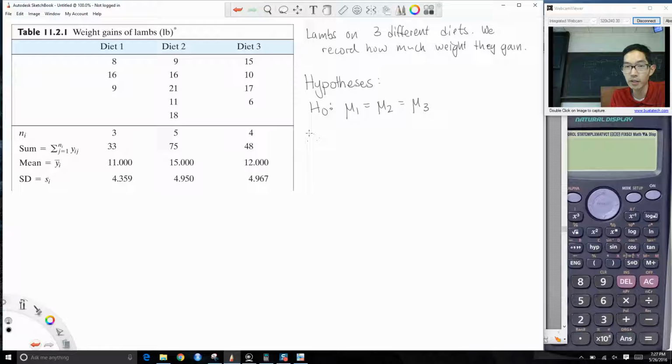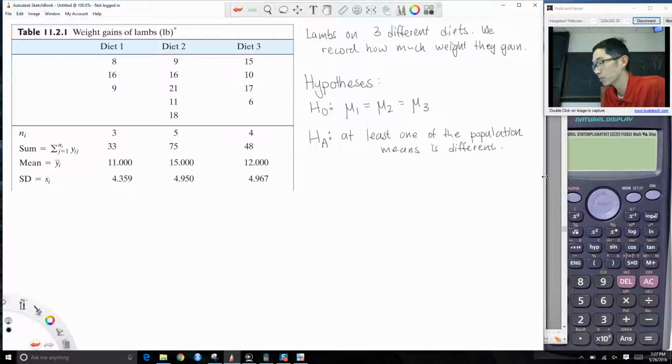Okay, and then the alternative would be that at least one of the population means is different. Okay, so that's one way we can write this.